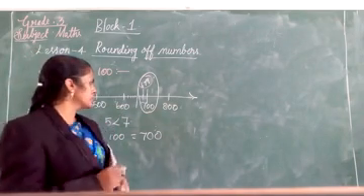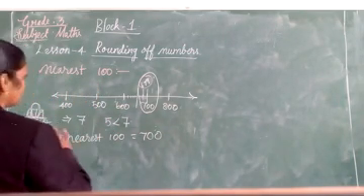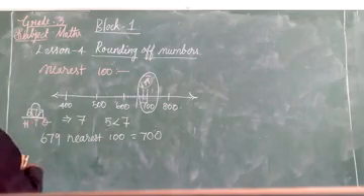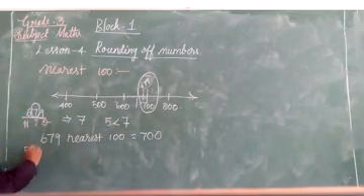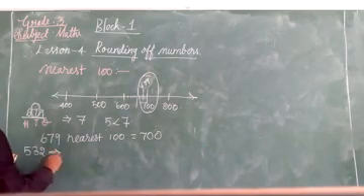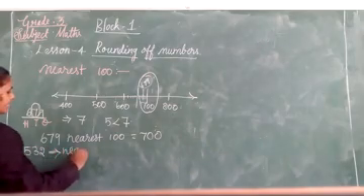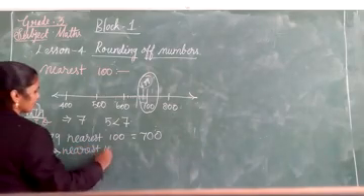I hope you understood. Now, we are going to see another example in the same number line. Now, I am going to take 532. Round off this number to the nearest 100.